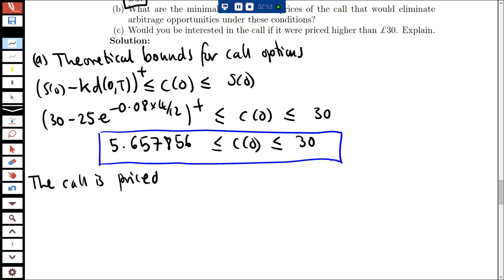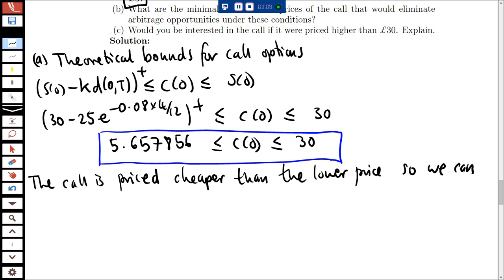So let's put that into a sentence. The call is priced cheaper than the lower price. Okay, so we can actually make a risk-free profit. So we can make an arbitrage, which means a risk-free profit.